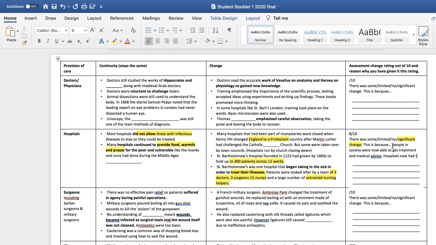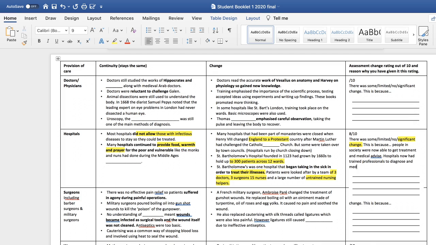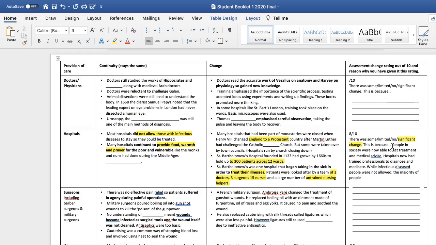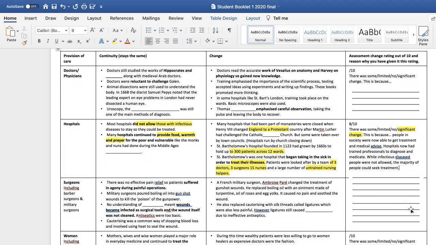Hospitals now had trained professionals to diagnose and medicate, while infectious diseased people were not allowed. The majority of people could seek treatment. Okay, so something like that, just to justify my rating there. And that's what you have to do for each section.